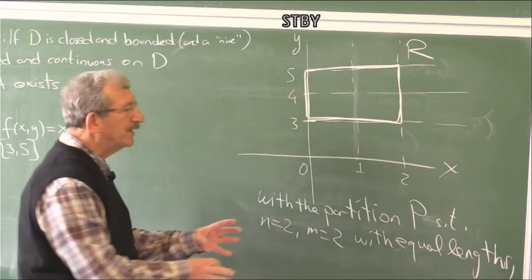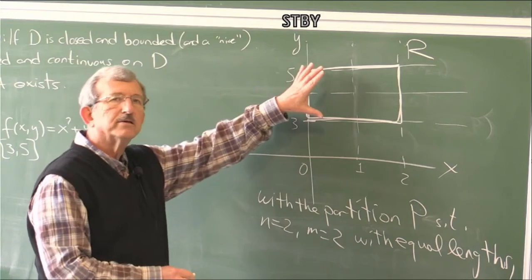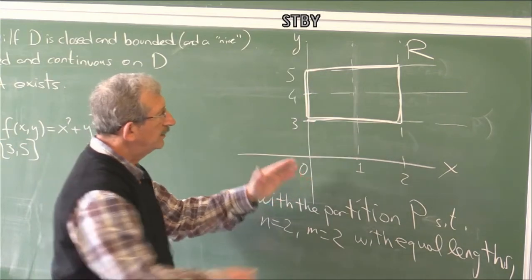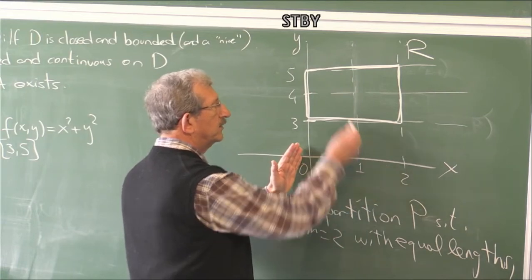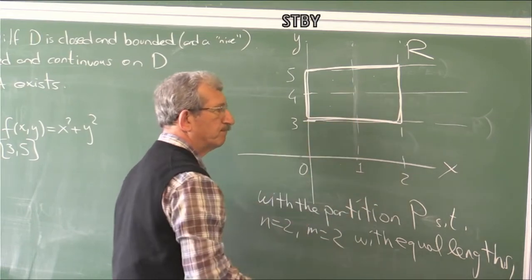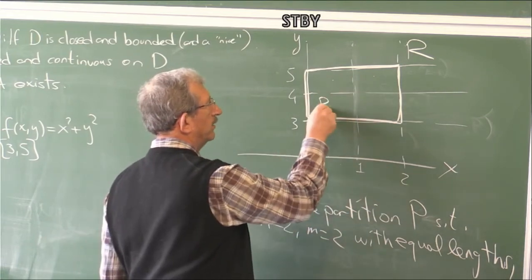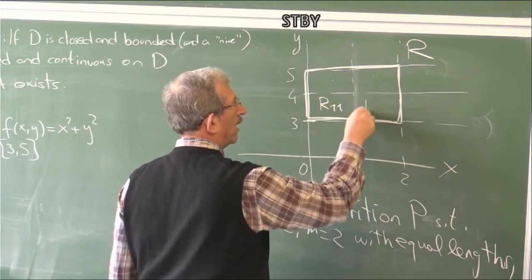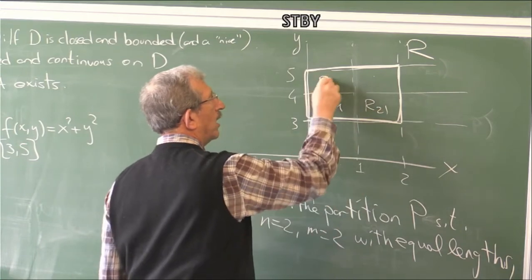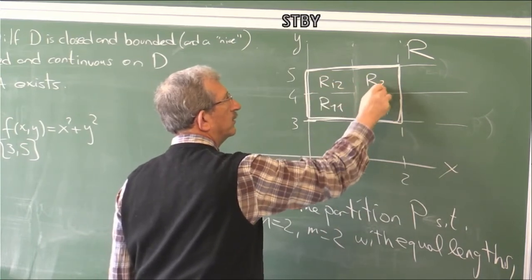This means that we divide each side into 2 pieces of equal lengths, so I have 4 of them. In other words, I have here R11, R21, R12, R22.